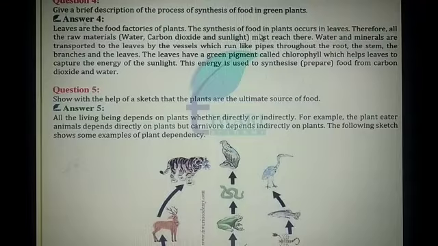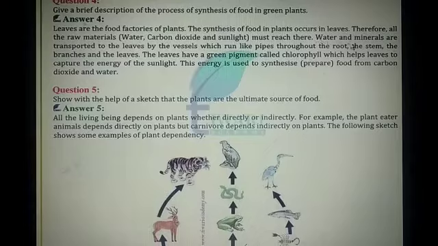The synthesis of food in a plant occurs in a leaf. What is the raw material which the plant needs for doing the photosynthesis process? Water, carbon dioxide, sunlight. In absence of these raw materials, the plant is not doing the photosynthesis process.